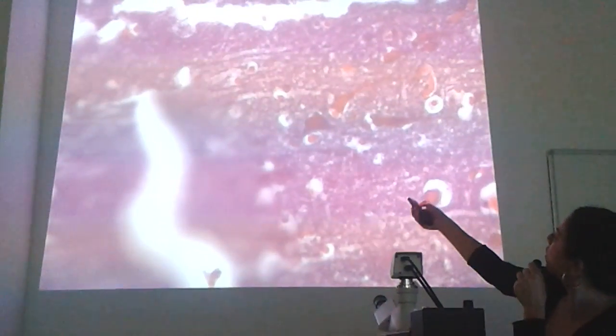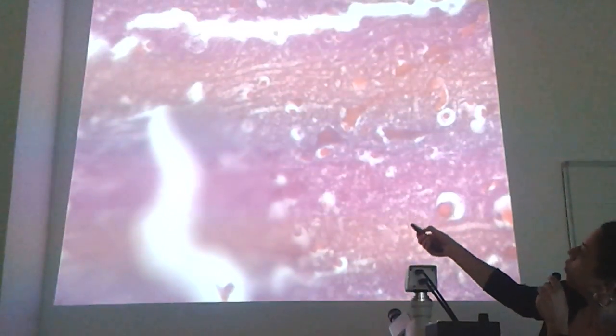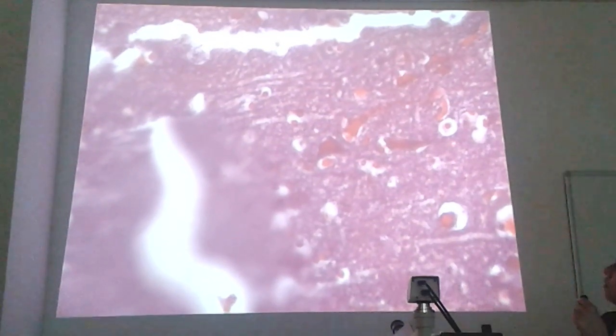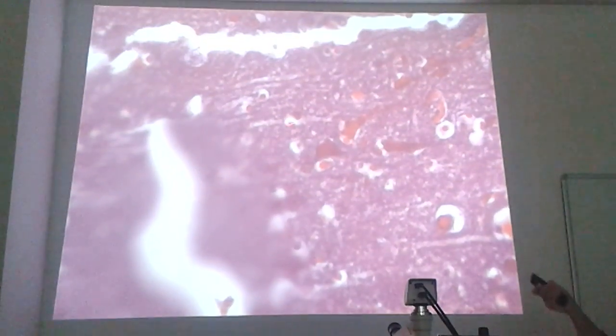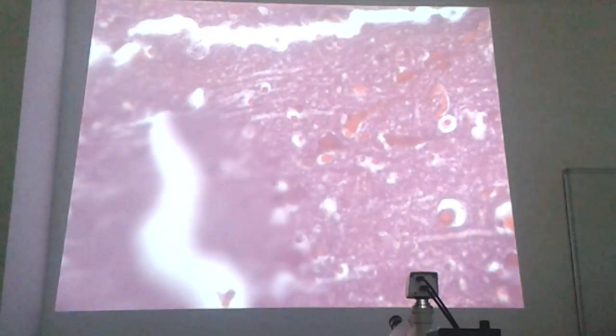These are pyramidal neuron cell bodies. You will see lots of blood vessels among the cerebral cortex. So this is a neuron.